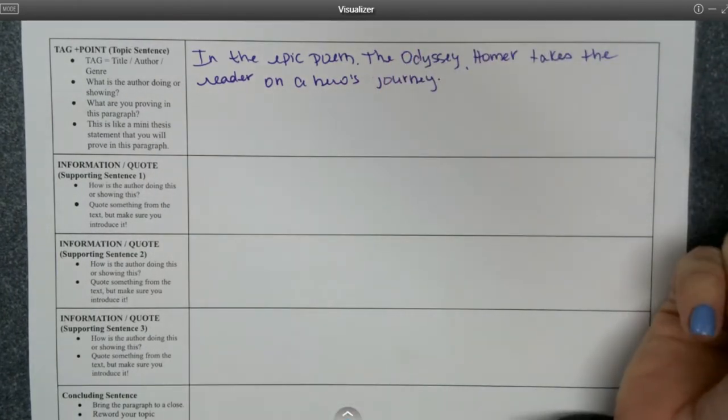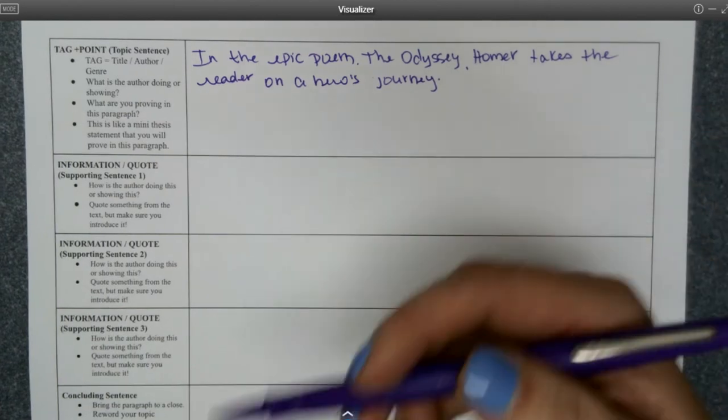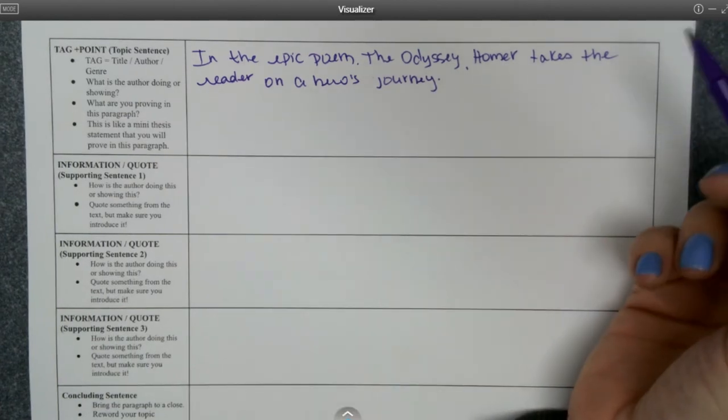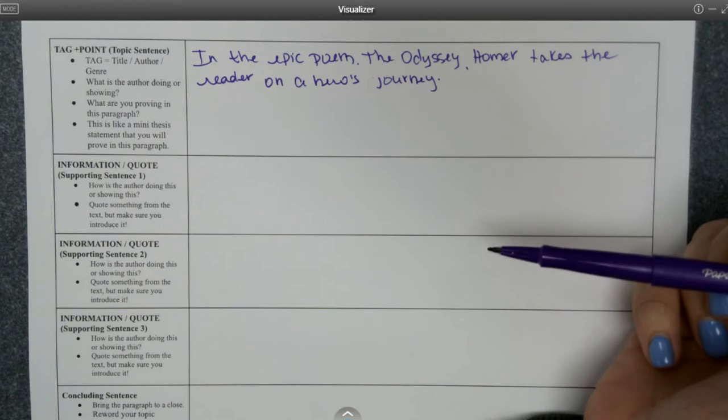Okay, that could be my purpose statement. That could be what I'm trying to prove in my paragraph, okay?